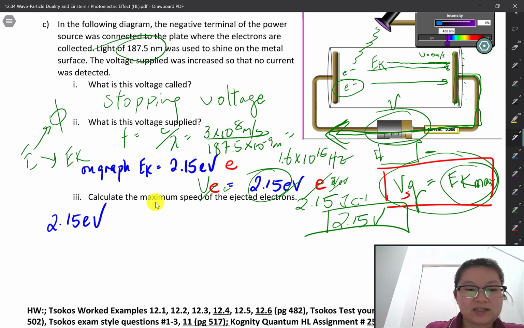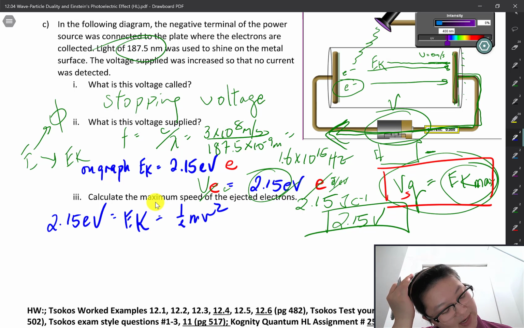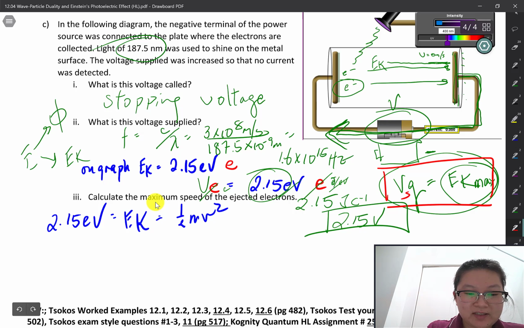So since this is equivalent to the kinetic energy, and we know that kinetic energy for electrons is 1/2 mv squared, we just directly use electron volts, find the energy in joules, divide by the mass, multiply by 2, etc. So basically doing algebra. And just to mention that I need to multiply this by 1.6 times 10 to the power negative 19, so I'm going to put that e in there as well.